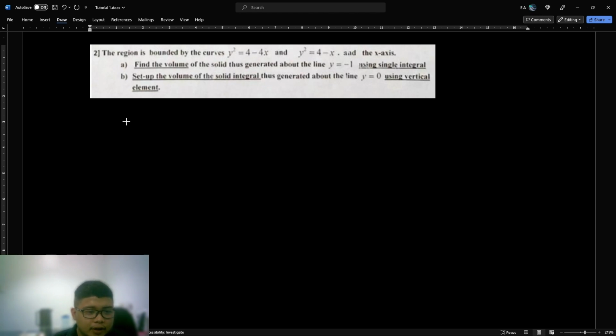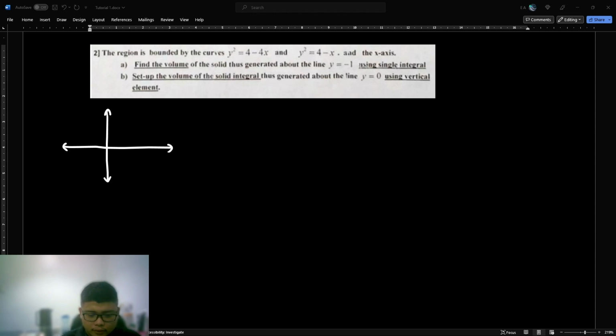element. So first, let us graph what our problem will look like. When we're going to be graphing, this will be, let's use a blue marker. There.